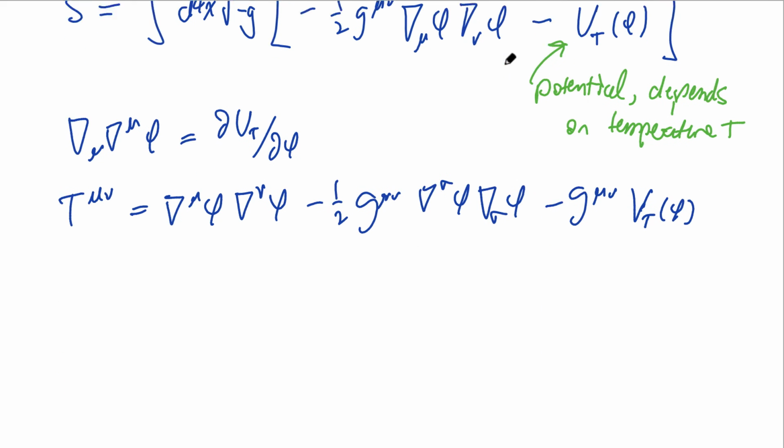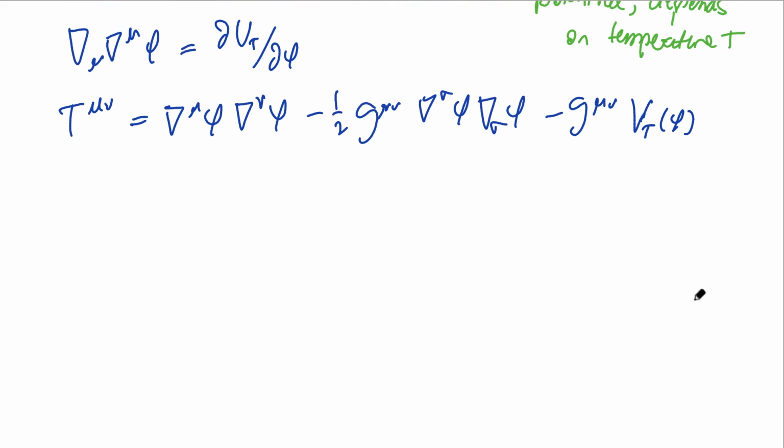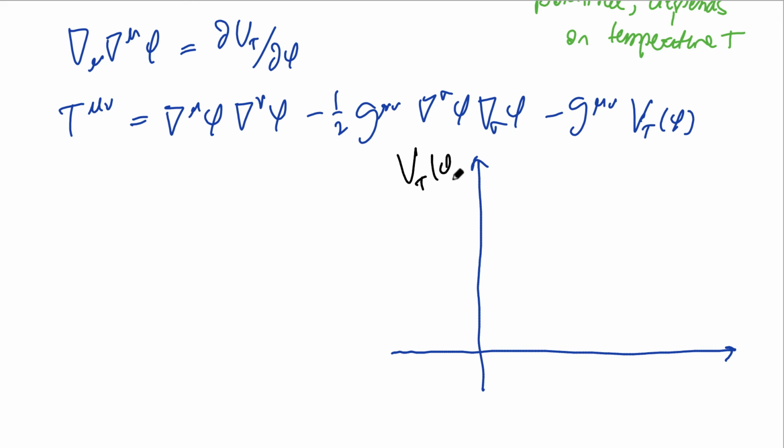In one of the early proposals for inflation, sometimes called the new inflation, the potential looks like the following. So here's the phi axis, here's the potential V sub T of phi. Well, for high temperatures, the potential curve looks something like a parabola.